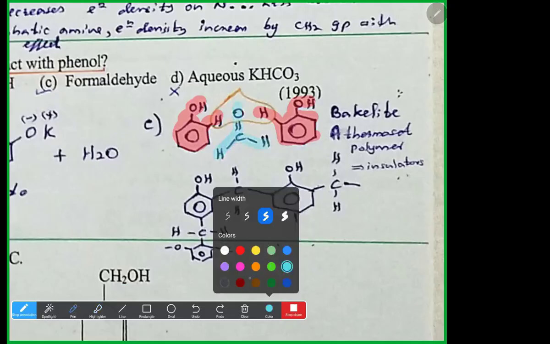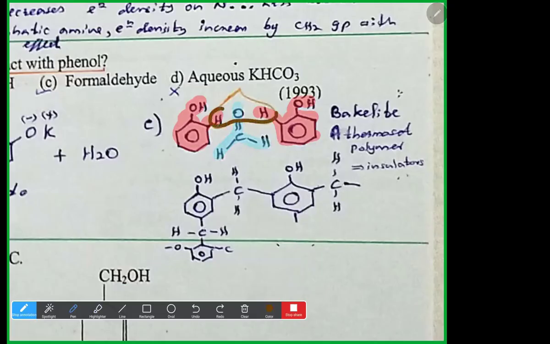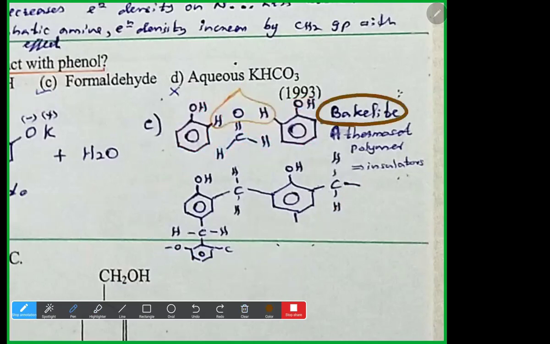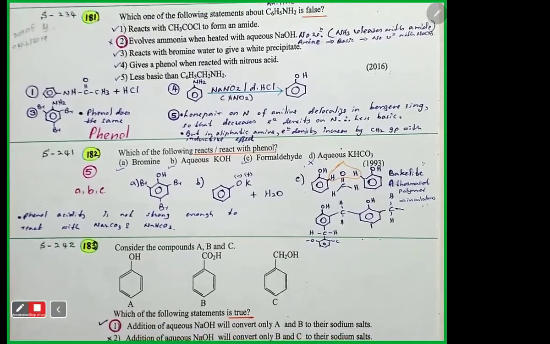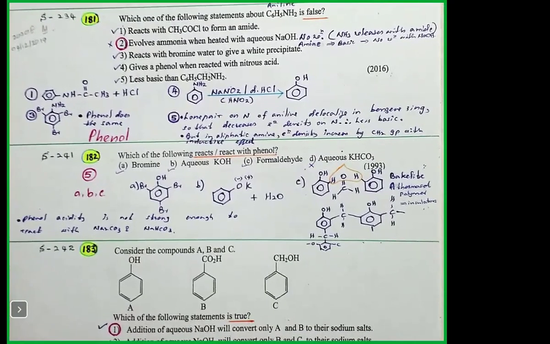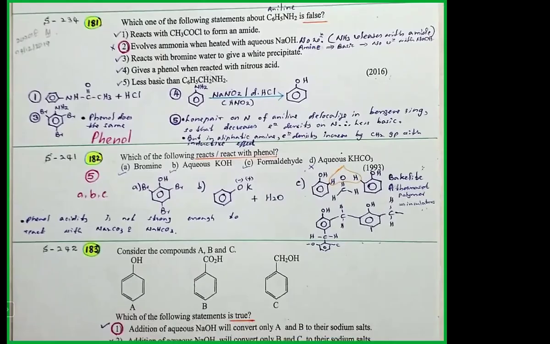These hydrogen and oxygen, these three are getting away. So they are making this 3D structure, which is called bakelite, a thermosetting polymer, which we cannot repeatedly heat, used as thermal insulators. We're going to do this under unit 14, that's why I'm explaining it again, because we need that for unit 14. Question number 182, A, B, C correct. Answer 5.